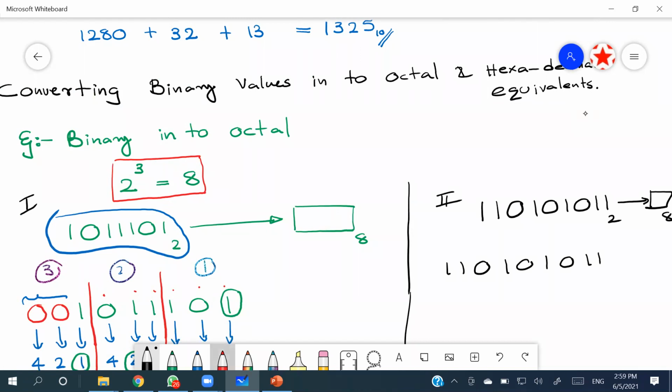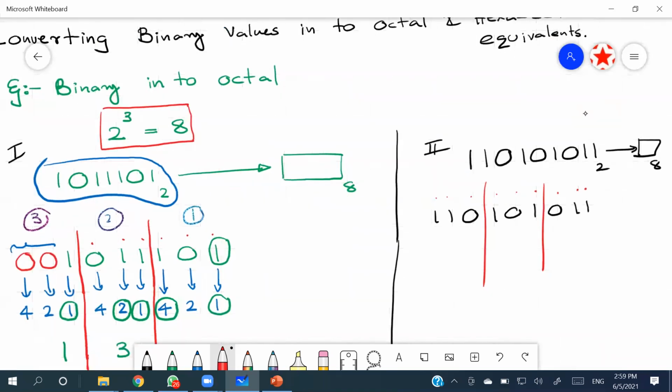Let's divide this starting from the right. 1 2 3, drawing the line. 1 2 3, drawing the line. 1 2 3. Now we are going to write the place values: 1, 2, and 4, 1, 2, and 4, and again 1, 2, and 4.